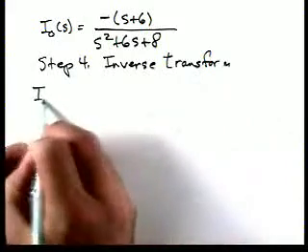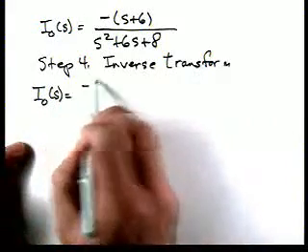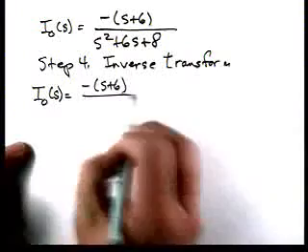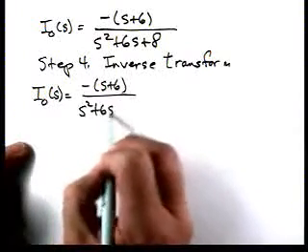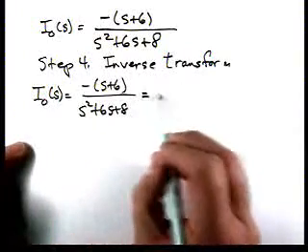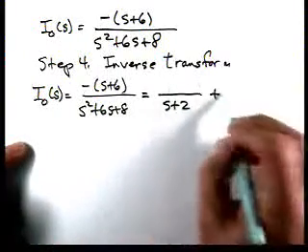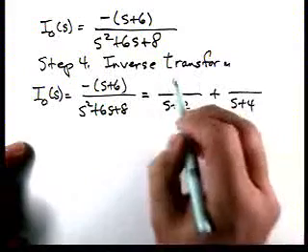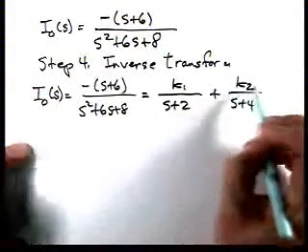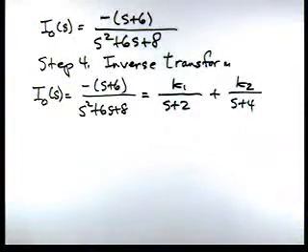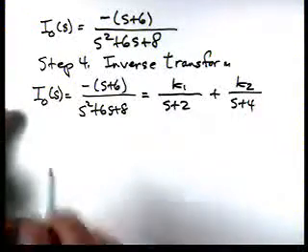And if we look at I0, we notice the denominator factors into S plus 2 and S plus 4. So now all we have to do is find K1 and K2.